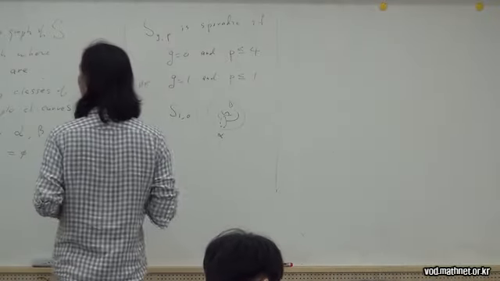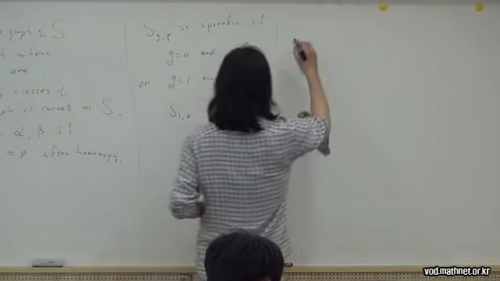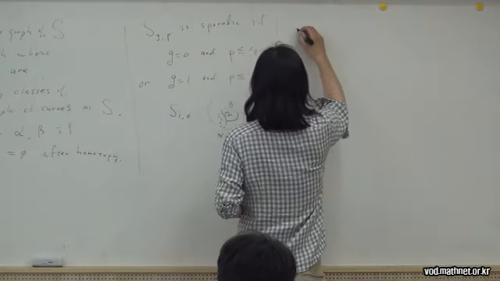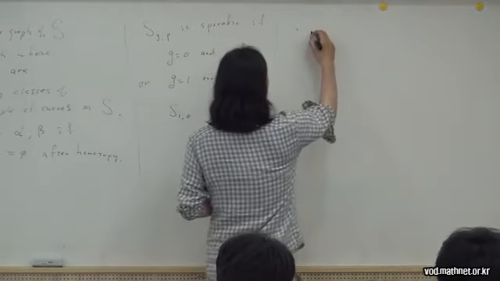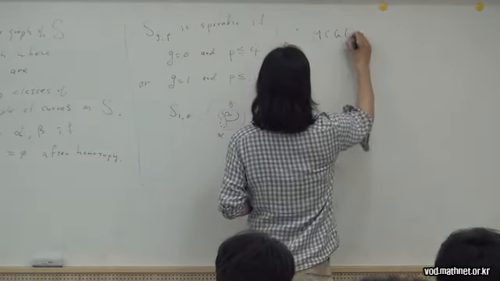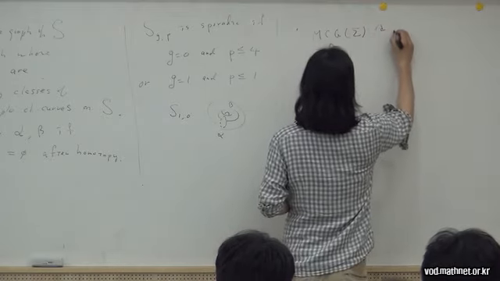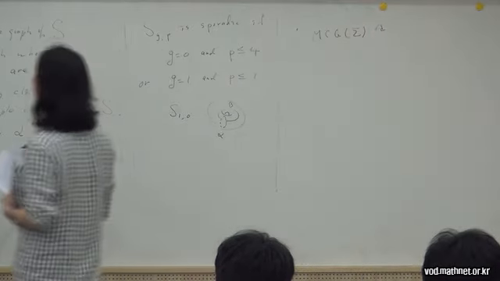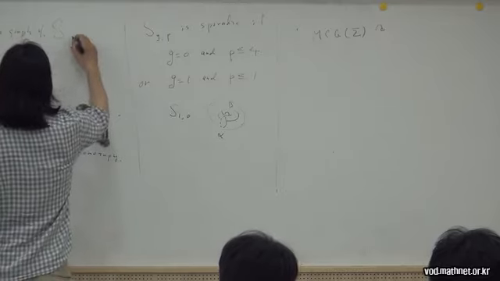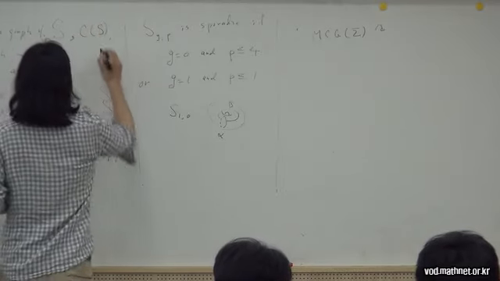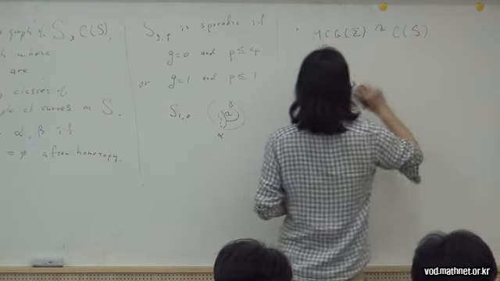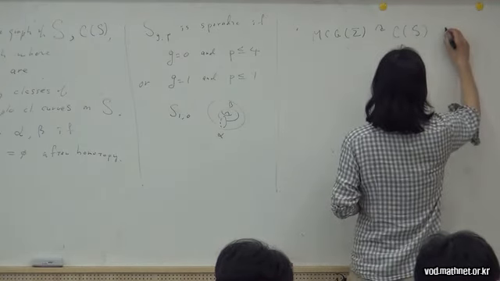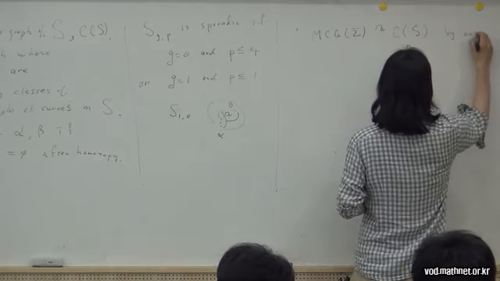Okay. Then one trivial observation is that the mapping class group of the surface acts on C(S) by automorphism.